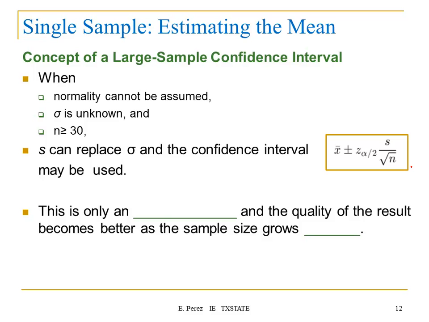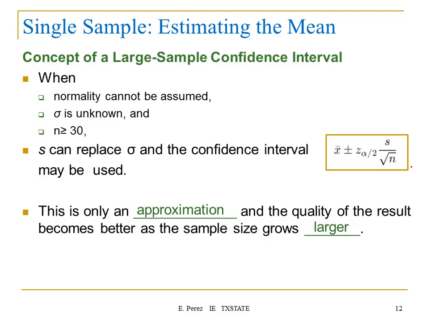Yes, but on the other two confidence intervals, we were assuming that we knew that the observations were coming from a normal. Now we don't know. So normality is not assumed. Okay? So this is only an approximation, and the quality of the results becomes better as the sample size grows larger.